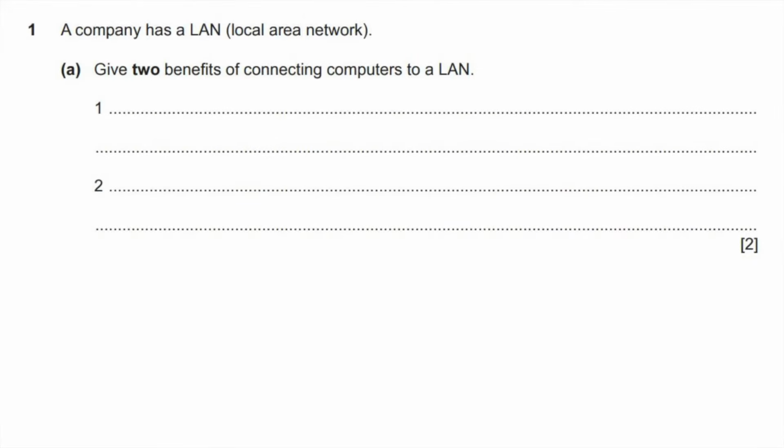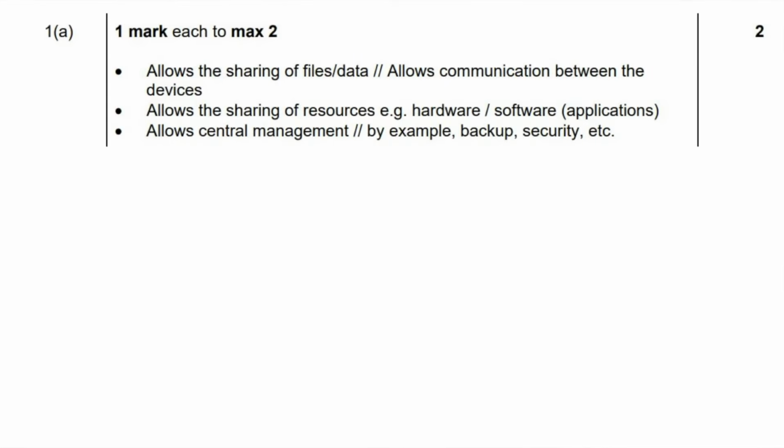The next A-level question: give two benefits of connecting computers to a LAN. We'll talk a little bit more about this later, but two advantages are that we can share files and data. We can allow the sharing of resources like hardware and software applications. An example of hardware would be a hard drive connected to a local area network that everyone could access.